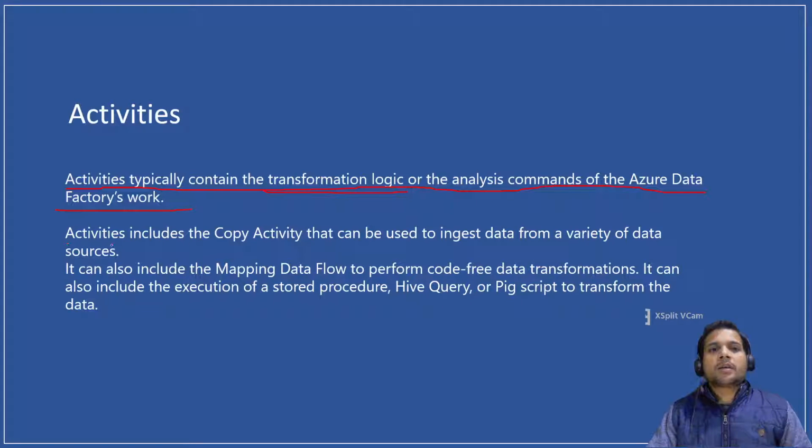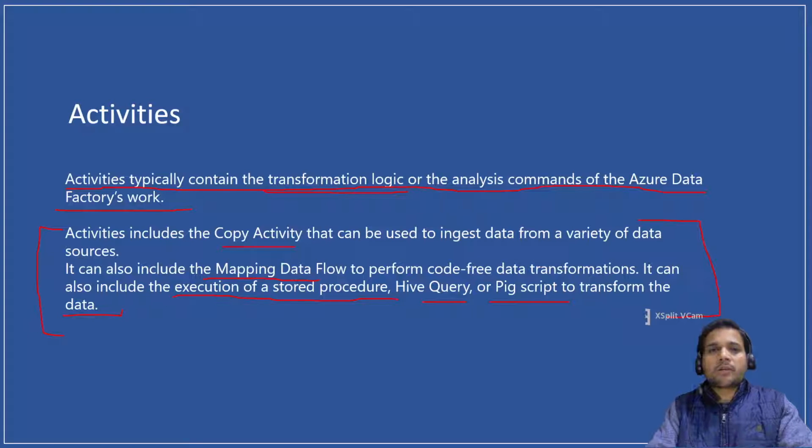Activities include the copy activity, which is an example of an activity that can be used to ingest data from a variety of data sources. Also, there is mapping data flow to perform code-free data transformation. It can also include execution of a stored procedure, a Hive query, or a Pig script to transform the data. But in a nutshell, activities are nothing but transformation logic or instructions to Azure Data Factory: what to do with that data?